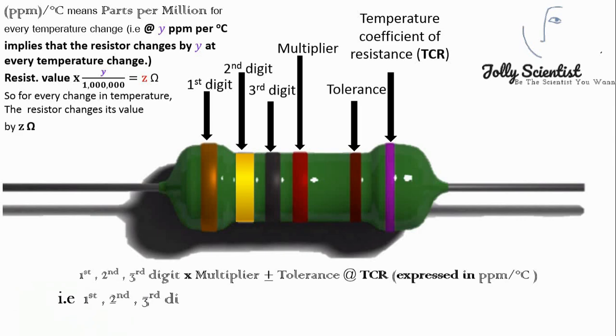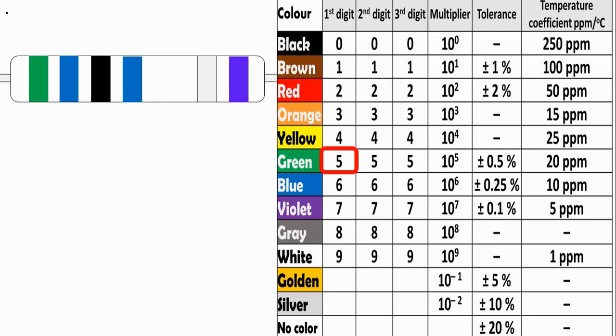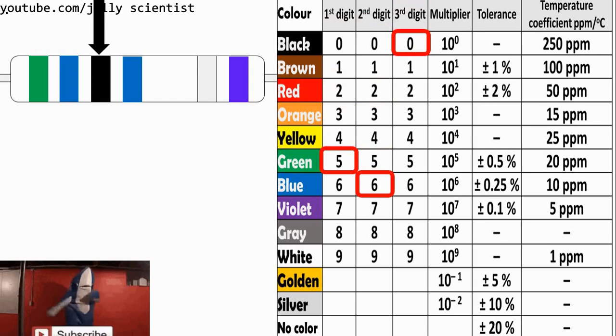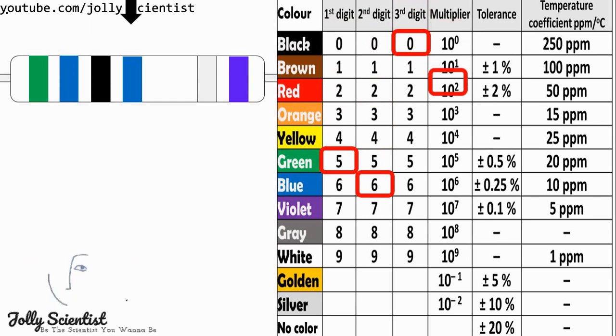That is, first, second, third digit times the multiplier plus or minus the tolerance at whatever value it is, ppm per degree Celsius. The first is a green, second is a blue, third is a black, the fourth is it a multiplier or a tolerance? Good, tolerance. Then plus or minus 10%.